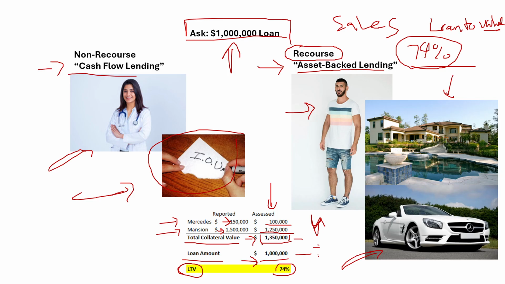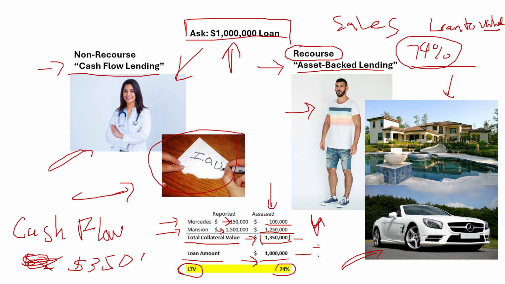So how are we comfortable lending her the $1 million? It's because, as the name suggests, cash flow. She has a lot of cash flow. So we do some analysis based on her T4 and her tax documents, and we figure out that she makes, let's make it more realistic, probably more like $350,000 a year.